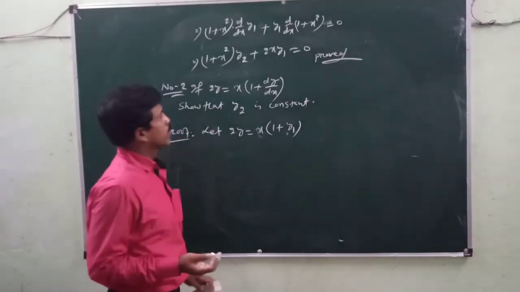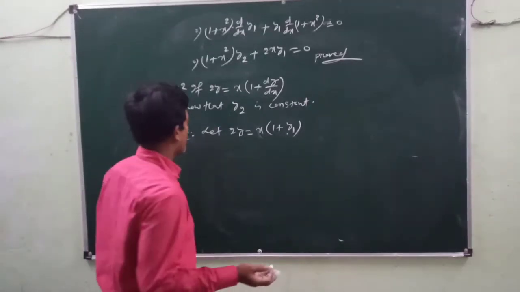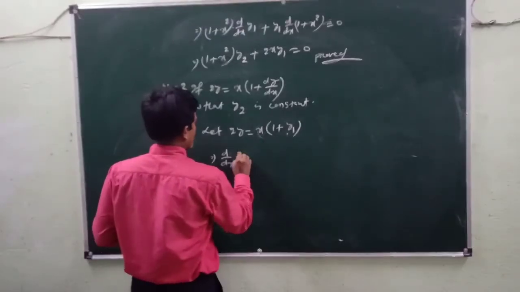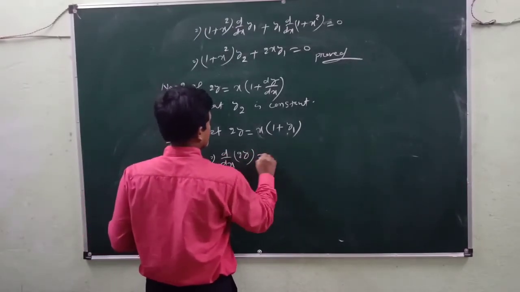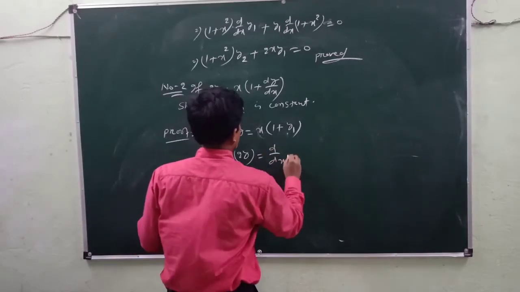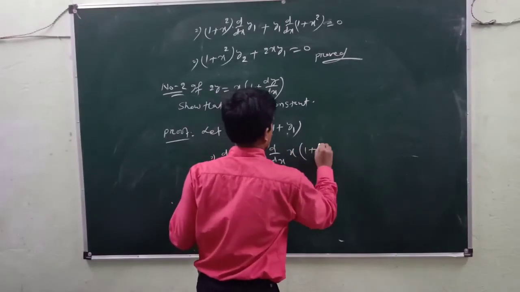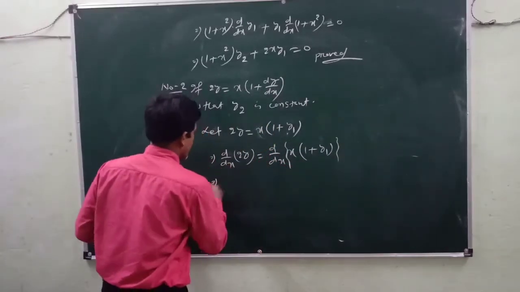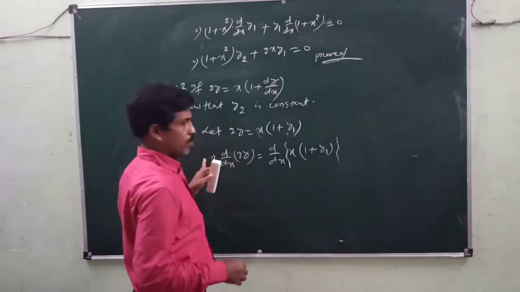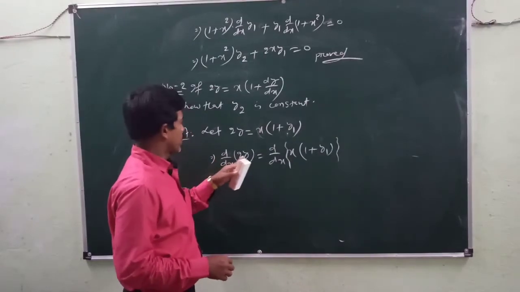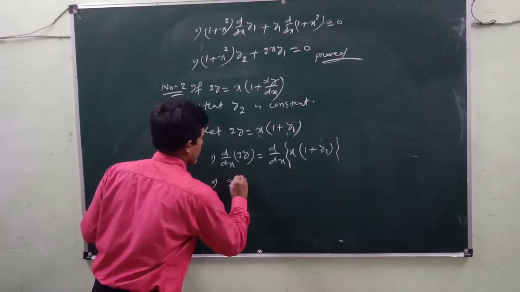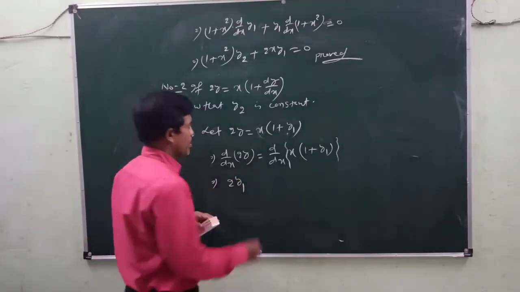Now you take the derivative with respect to x on both sides. That implies d by dx of 2y, and d by dx of x into 1 plus y1. Here 2 is a constant, so you take it outside of the derivative, and the derivative of y with respect to x is dy by dx or y1.